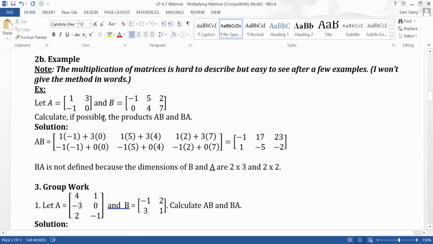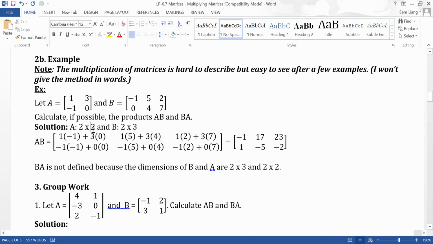So AB is equal to, A is a 2 by 2, and B is 2 by 3. So this product is defined, right?